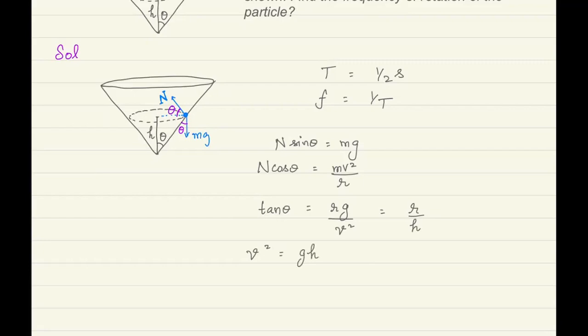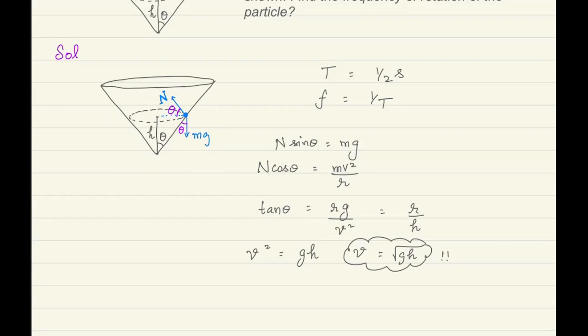So v square will be equal to gh, or speed will be equal to root of gh, which means that this particle will be going in a horizontal circle with this much speed, which is actually independent of the angle theta. So at a given height, whatever might be the angle of the funnel, the speed for the particle should be root of gh for it to move in a horizontal circular path.